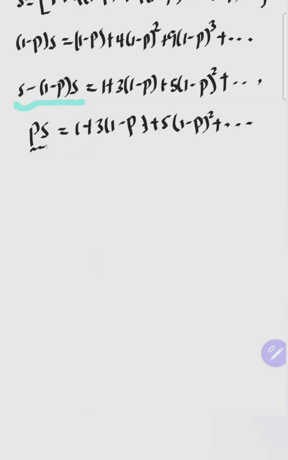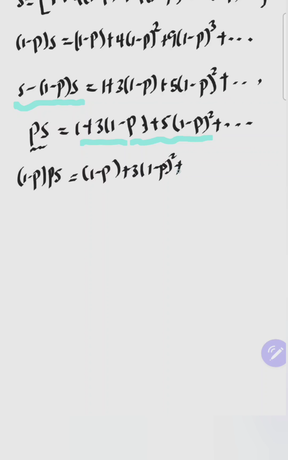This ps will be multiplied by the coefficient 1 minus p. Why? Because this given expression cannot be solved using the geometric series. So I need to reduce the coefficients to make more sense. Now I'm doing the same thing here. I'm going to have 1 minus p plus 3(1 minus p) squared, plus 5(1 minus p) cubed.